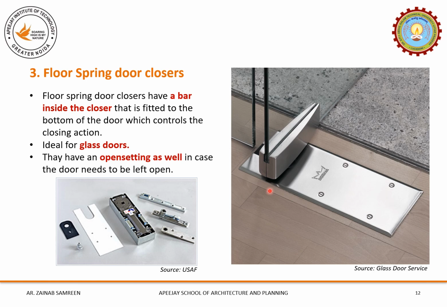They are basically used for glass doors, and they have an open setting as well in case the door needs to be left open. And you can see from the top you get a finished surface. The closure is not visible.